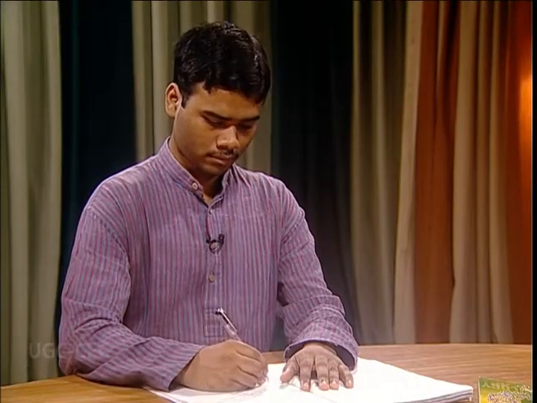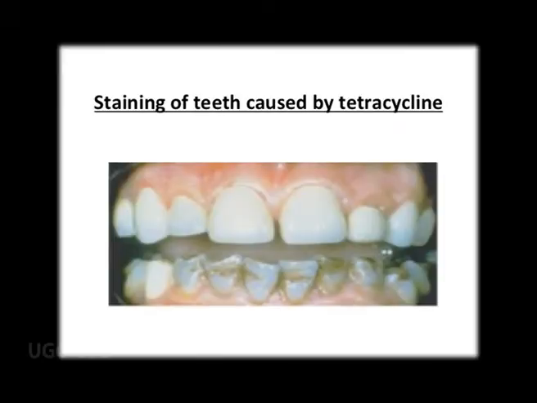Tetracycline has various side effects, as they destroy the intestinal microflora and thereby promote the growth of Candida albicans. Secondly, their excessive use may damage kidneys and livers. Their use also has a detrimental effect, causing deposition of brown color on the teeth.